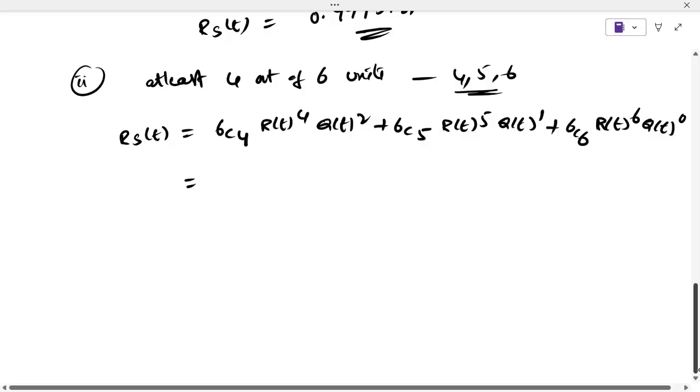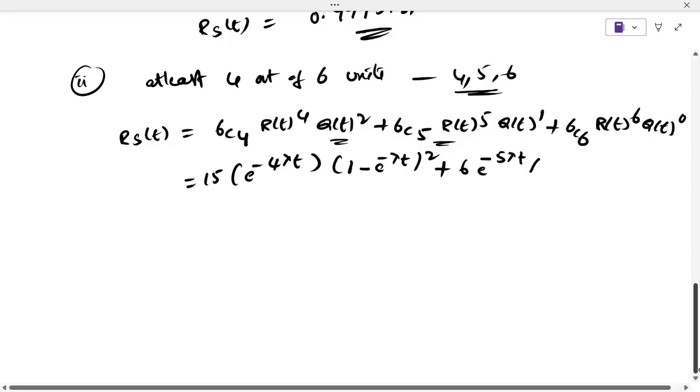Okay, now 6C4, that is 15, e power minus 4 lambda t, into Q square, that is 1 minus e power minus lambda t whole square, plus this one now we are writing 6C5, that is 6, R of t whole power 5, that is e power minus 5 lambda t, into 1 minus e power minus lambda t.